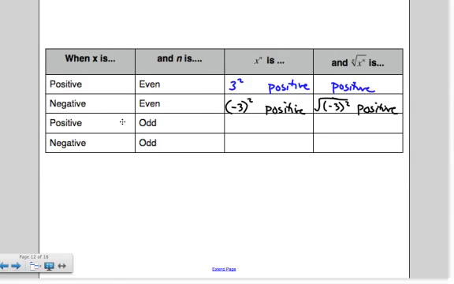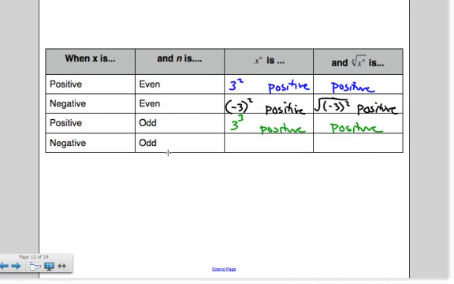So let's say you've got a positive x, like 3, and I'm raising it to an odd exponent. Well, a positive number raised to any exponent is positive. Okay? And if I take the nth root of a positive number, I'm also going to get positive.